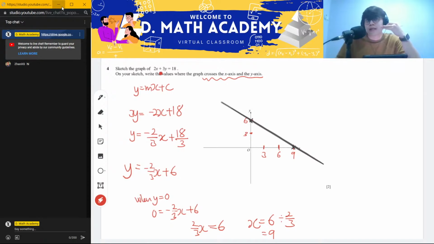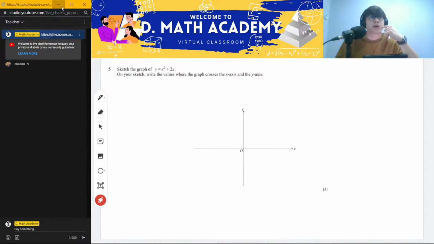And then if there's no square or whatsoever, it means it's a straight line graph. Then you arrange into y equals mx plus c so that you can identify the y-intercept right away. And then the next one is a quadratic graph. I think this one is the question that Jellies were asking. So first thing first, when you look at the square that they gave you here, please take note on this.